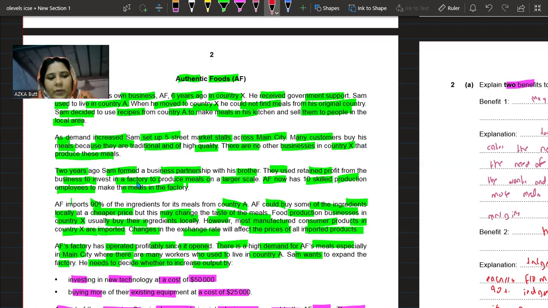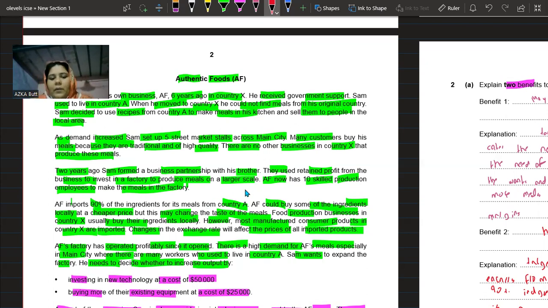So 2 years ago, Sam formed a business partnership with his brother. They use retained profit from the business to invest in a factory to produce meals on a large scale. Previously, he was only making the meals in his kitchen, but now he is going to expand, and not only he, both, because now they are partners.